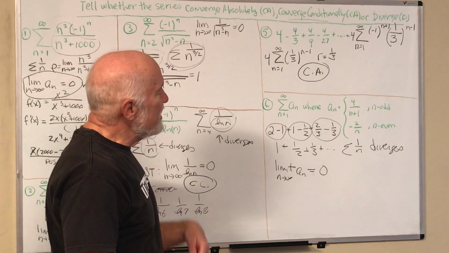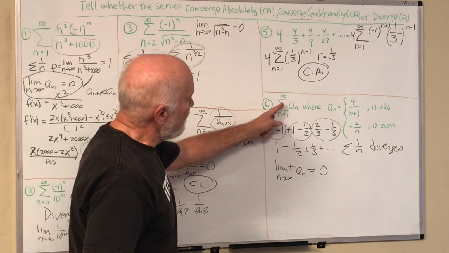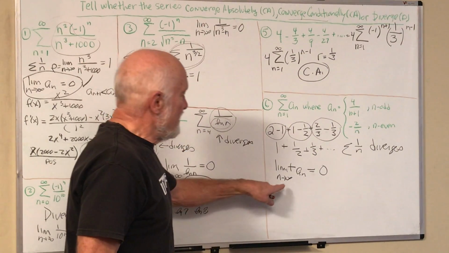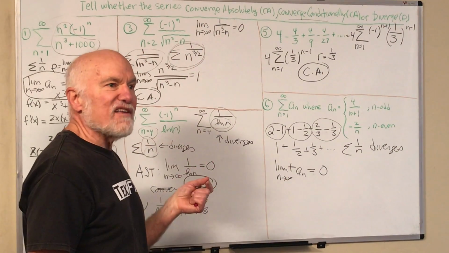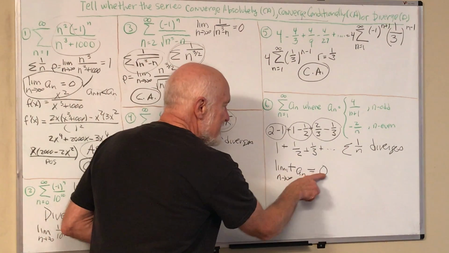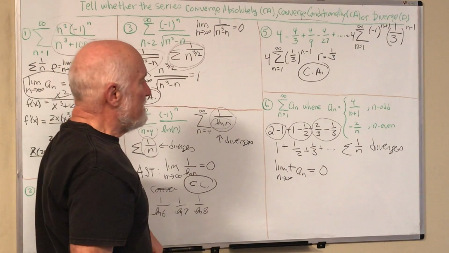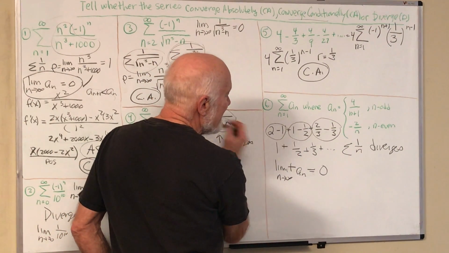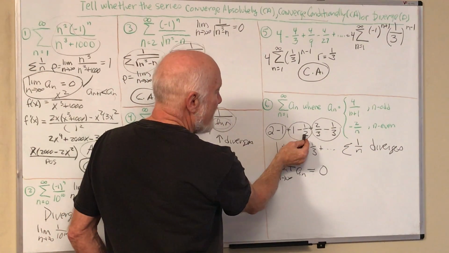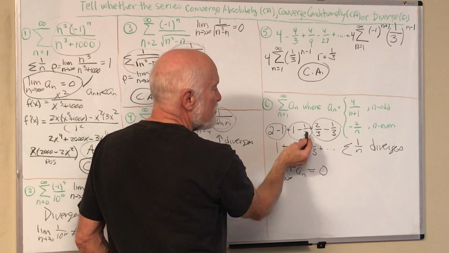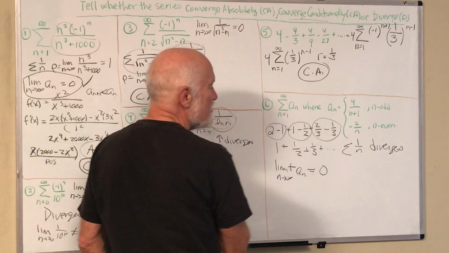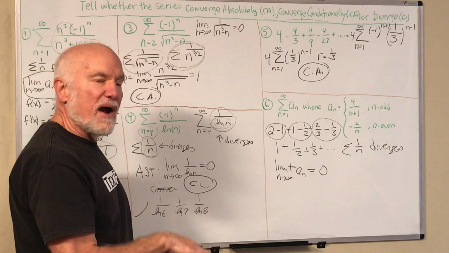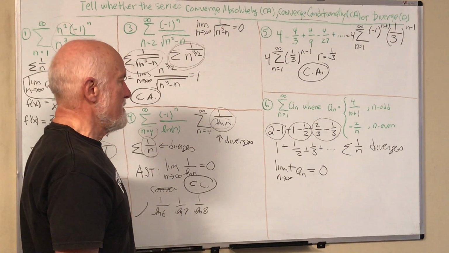So I had to go and really search to find a series where it would pass part of the test. The limit does go to 0, but yet what happens is these terms are not getting smaller. Look at 1/2, 2/3. In absolute value, these terms are not getting smaller. So it failed the second part of the alternating series test.